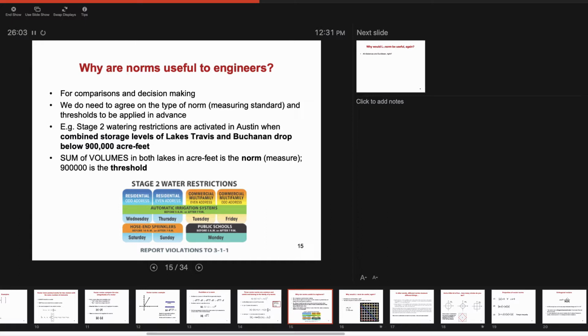So if I have 3 lakes or 2 lakes, let's do 2 lakes, Lake Travis and Lake Buchanan. If I sum up their volumes, what norm am I using? I just sum up the absolute values, the L1 norm, right?